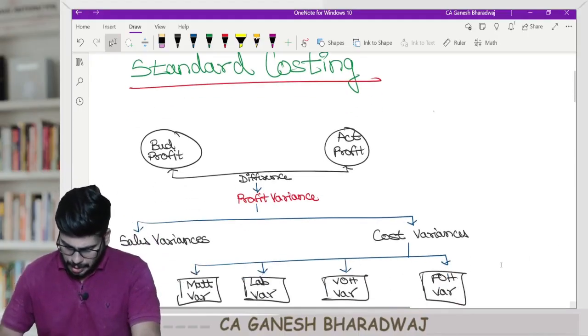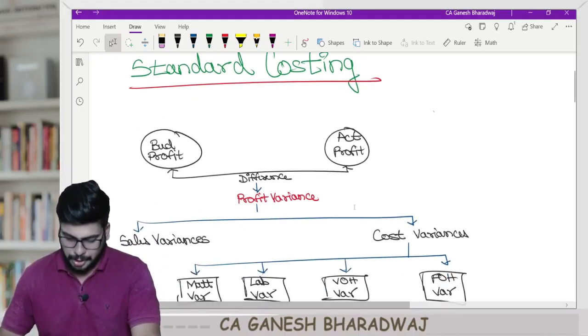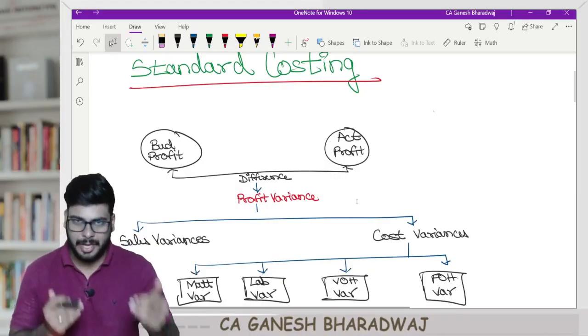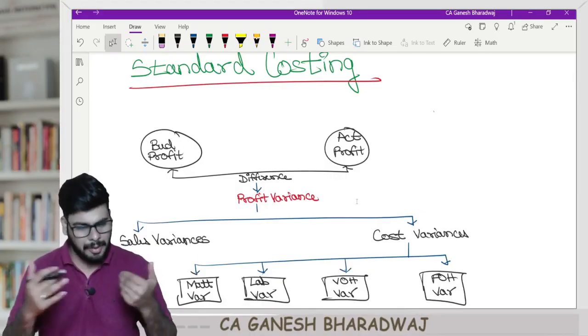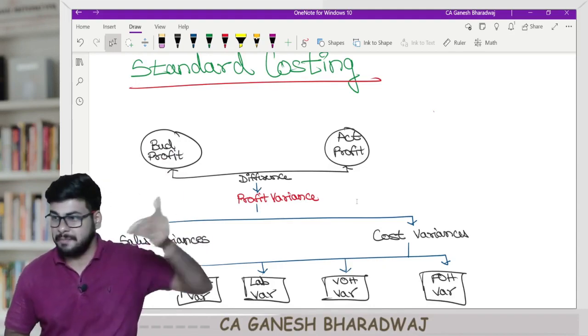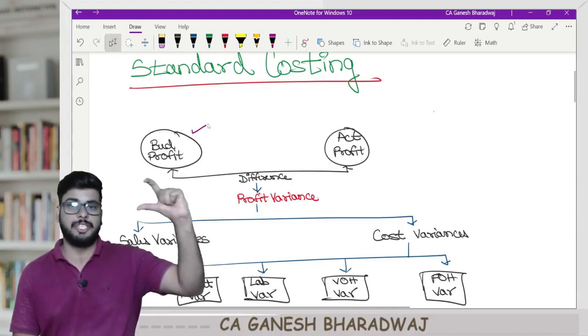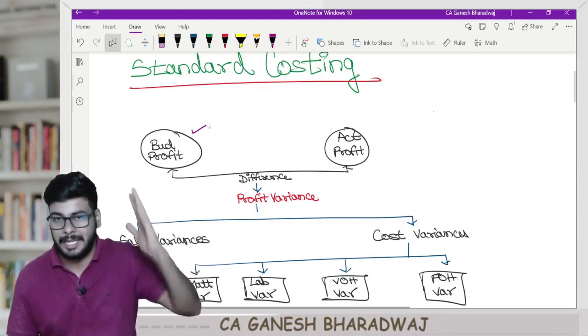Now, what is this chapter all about? At the beginning of a financial period, a company prepares a budget and arrives at the budgeted profit, which means the profit they are planning to achieve.